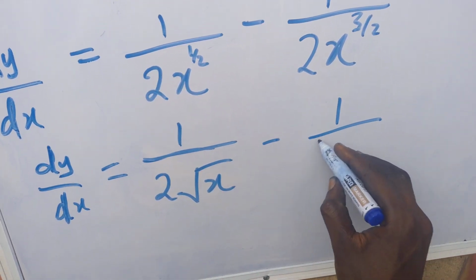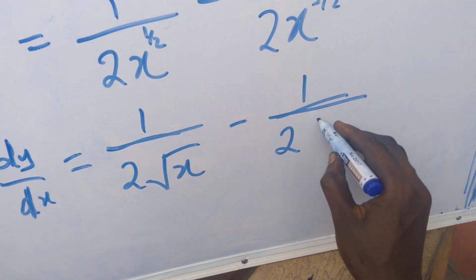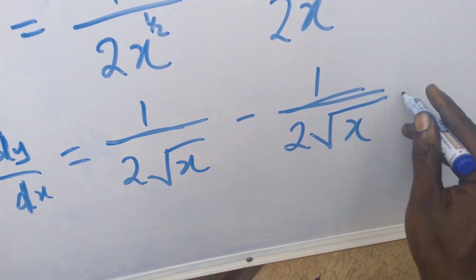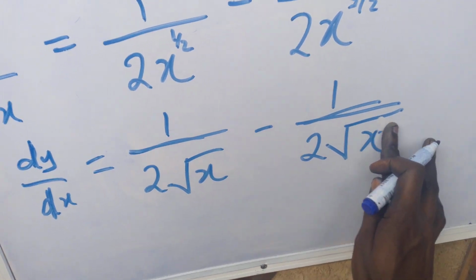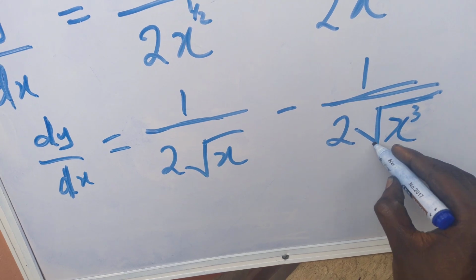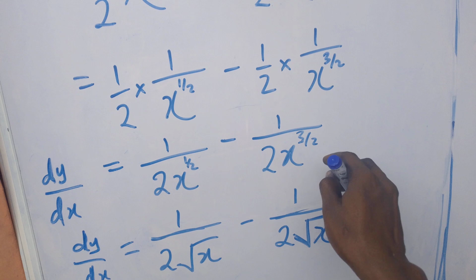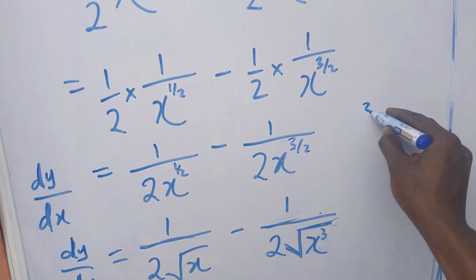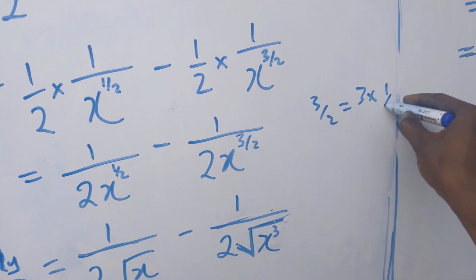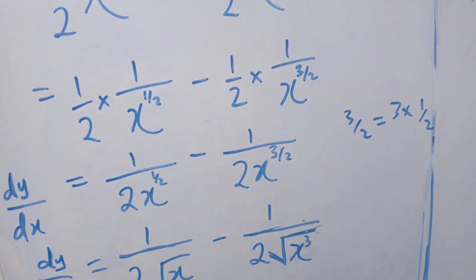Alright, so dy dx, finally converting that to square root, dy dx will be 1 over 2 root x minus 1 over 2 square root of x all raised to power 3. Since I'm having this as 3, this 3 over 2 is something as 3 times 1 over 2, and 1 over 2 now is square root, that will be x raised to power 3.